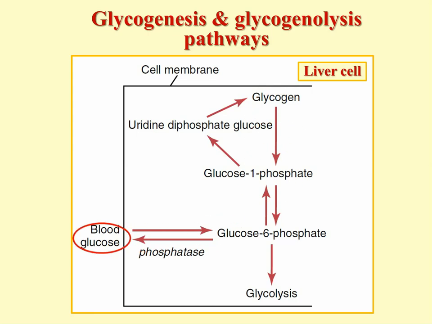The main effect of glucagon is stimulation of the enzyme phosphorylase. Exactly this enzyme is activated by glucagon through the adenylate cyclase cyclic AMP pathway. As a result, protein kinase is activated, which in turn activates phosphorylase in the liver cells. And phosphorylase begins the process of glycogen breakdown, glycogenolysis.